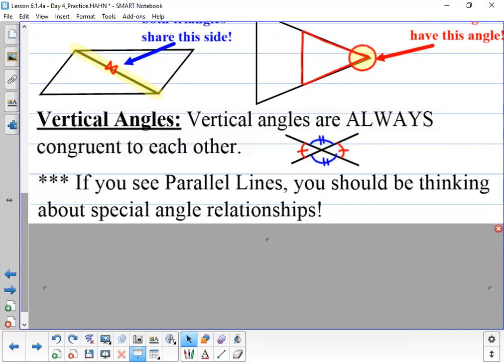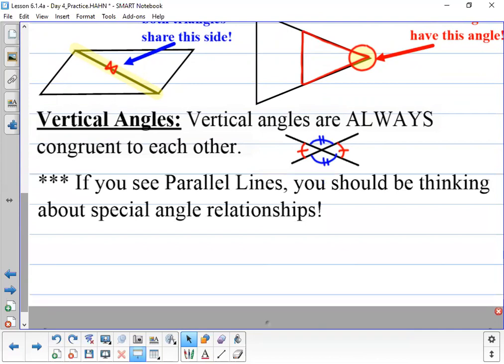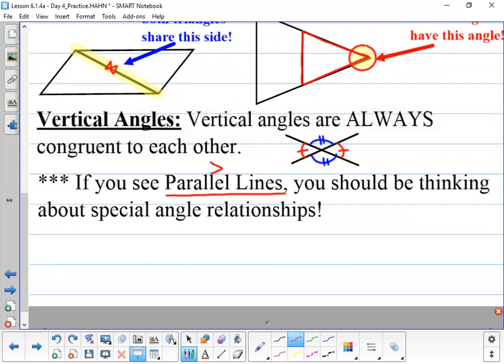This is thinking back to chapter 2 stuff, those special angle relationships. Here's another one that's thinking back to chapter 2. If you see parallel lines, and remember, we'll know that the lines are parallel because they'll have that marking on the line, or it might have 2 little arrows on the line, you should be thinking about some of those special angle relationships that happen when 2 lines are crossed by a transversal.